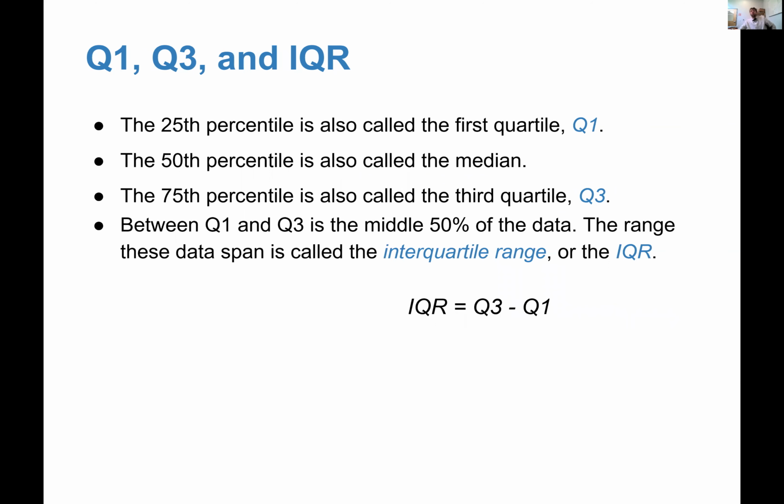Okay, so the 25th percentile is sometimes called Q1, and the 75th percentile is sometimes called Q3, and then the IQR, interquartile range, is Q3 minus Q1. And so the IQR is, instead of being the range of all the numbers, the range of your middle 50% of the data, because it's going from the 75th percentile to the 25th percentile.